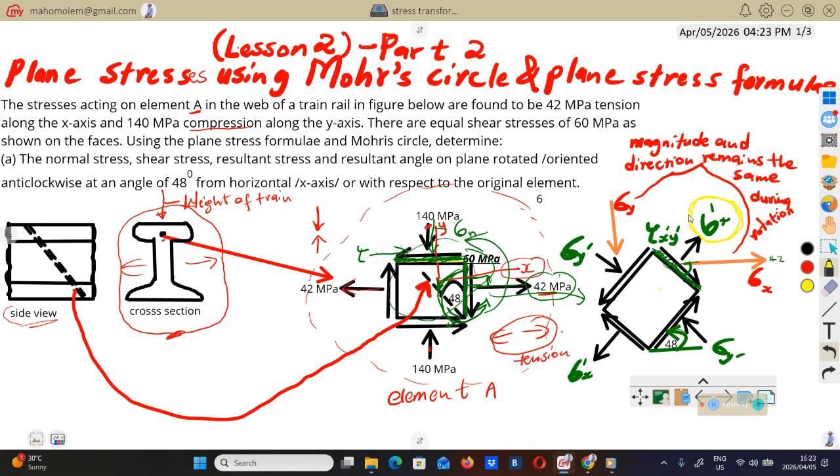So this is going to be our normal stress after rotation. Why is it normal? Because this force and this green plane form 90 degrees. Now we have the formula to calculate this normal stress after rotation. I'm going to show you.